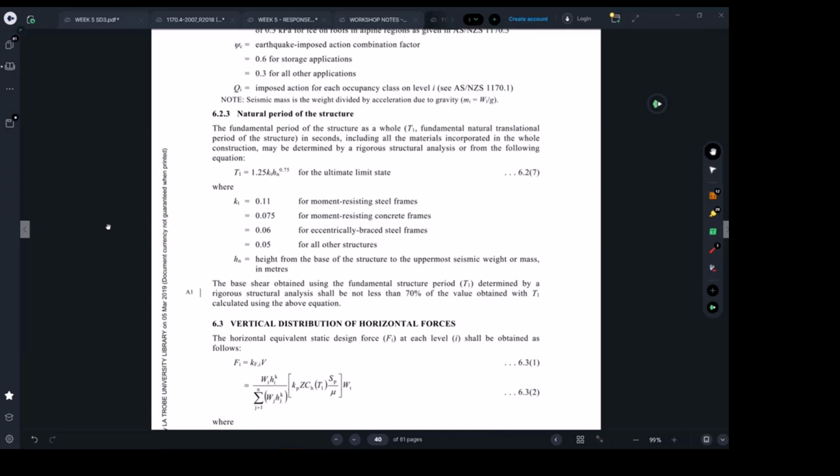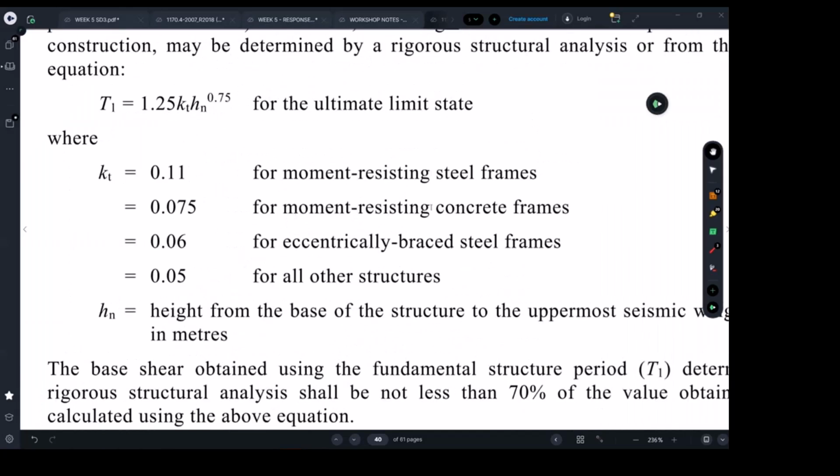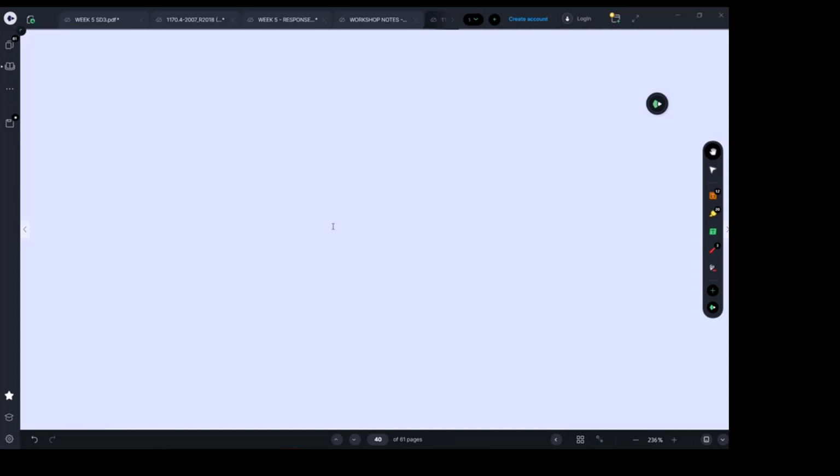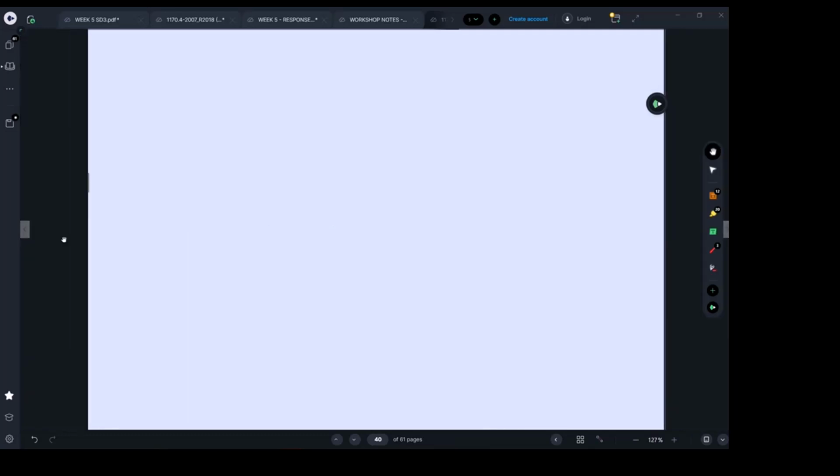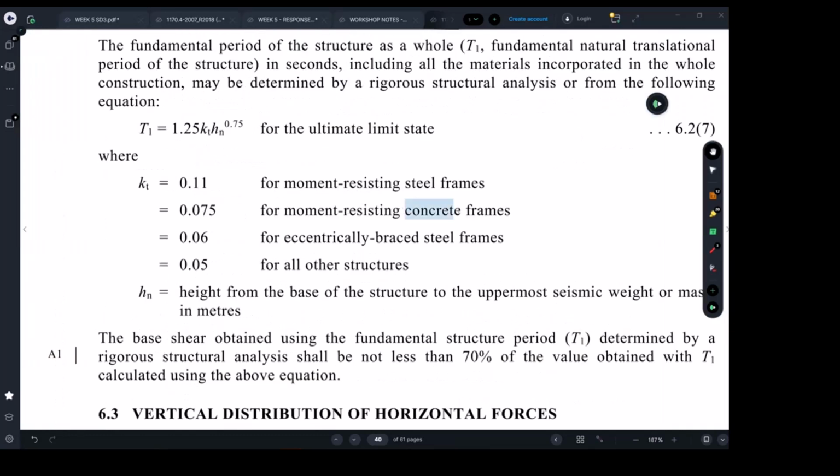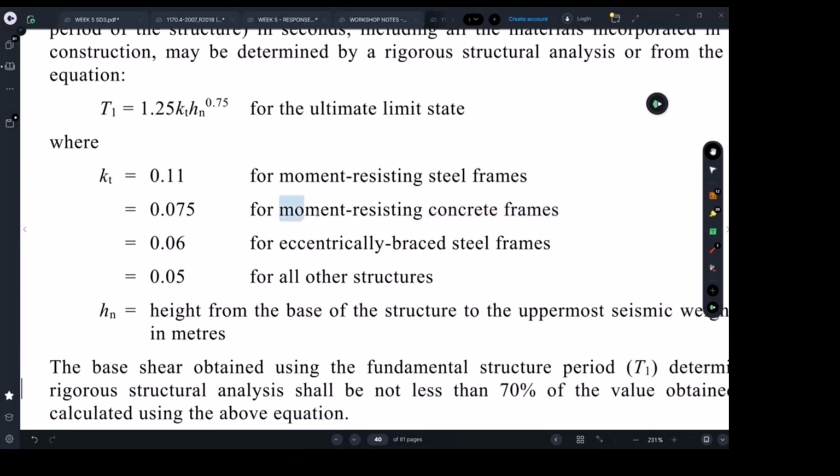It is 0.075, for a concrete structure with moment resistance. I won't mark students down if they took something else, but they have to know what they've chosen. It's very clear the building was concrete. But some students may not know what moment resistance means.